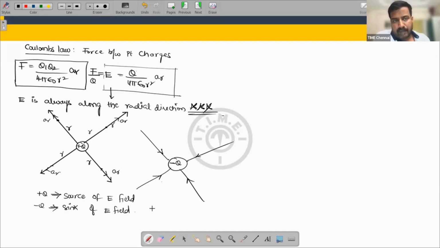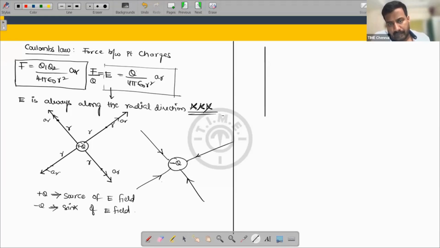Similarly, if I take a line charge, if I consider an infinite line carrying current I along it, if I consider some radial distance rho, then electric field at this point will be along a rho.